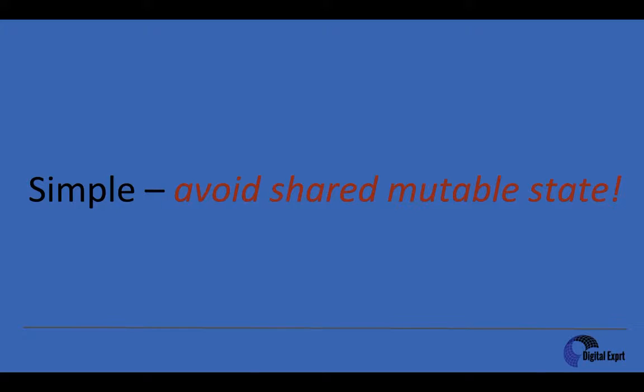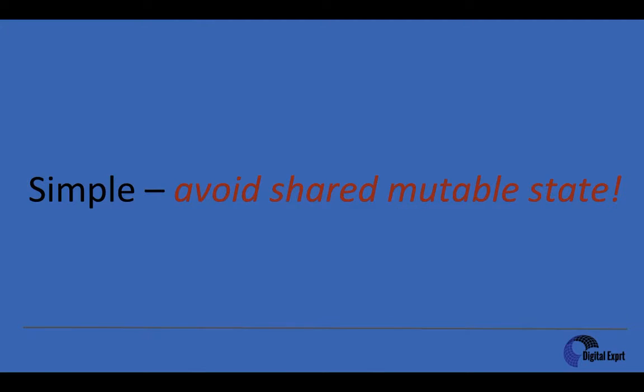Sometimes we can even use the word minefield, because when we have state that can mutate and is shared among 2 or more processes, then it's anyone's guess as to how consistent that state will be at any point in time. And this is a big problem.